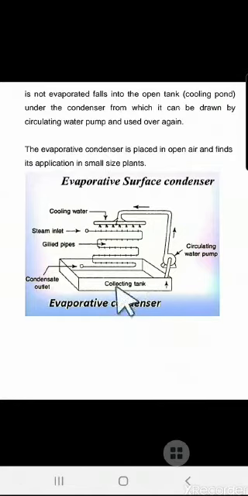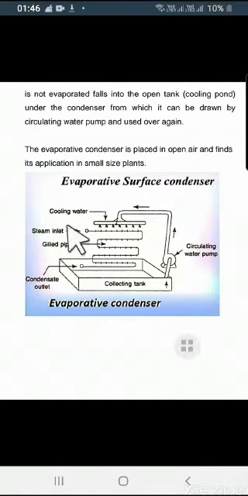In the evaporative surface condenser, the steam enters at the top of the condenser in a series of pipes over which a film of cold water is falling.